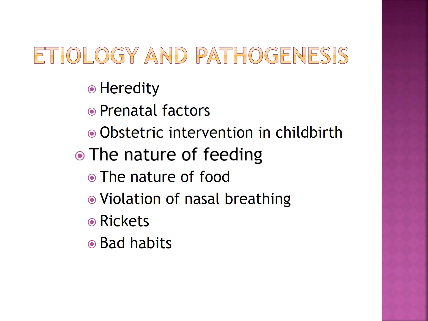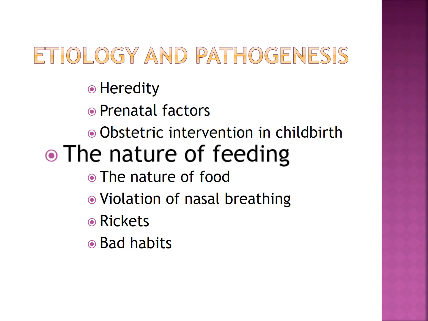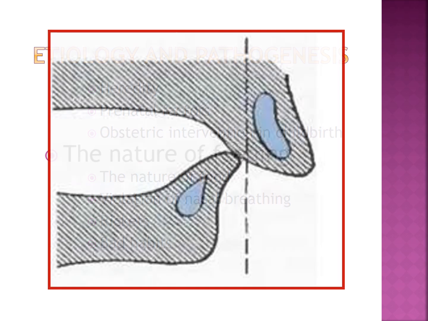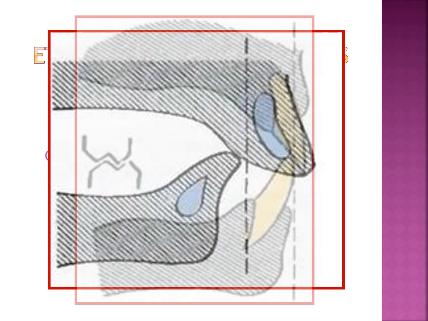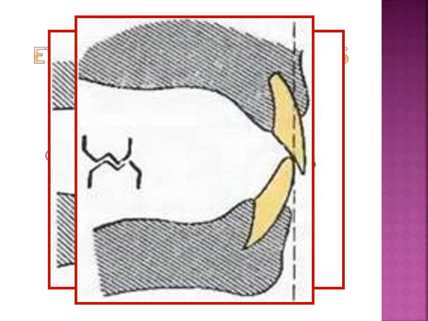Of course, the nature of feeding. The normal position of upper and lower jaw in a newborn is called physiological distal bite, and then this position must be corrected and the lower jaw must grow forward.